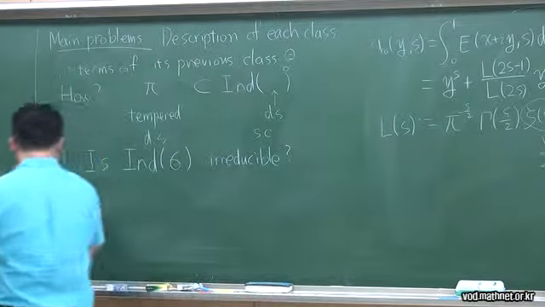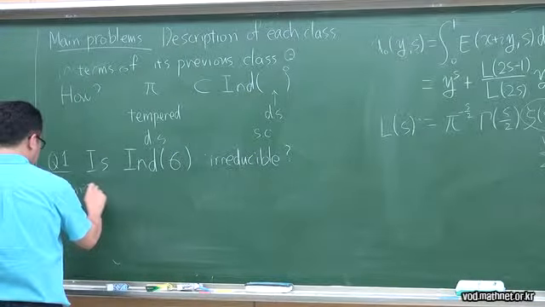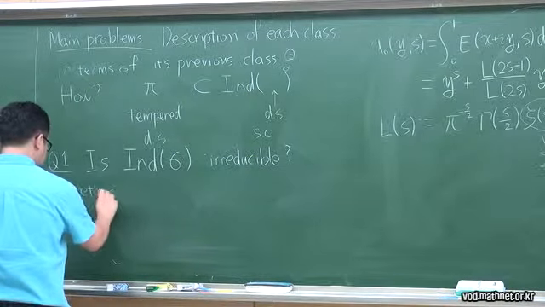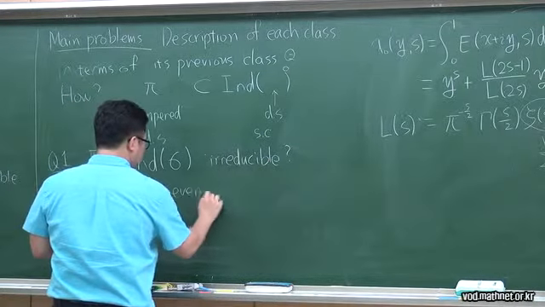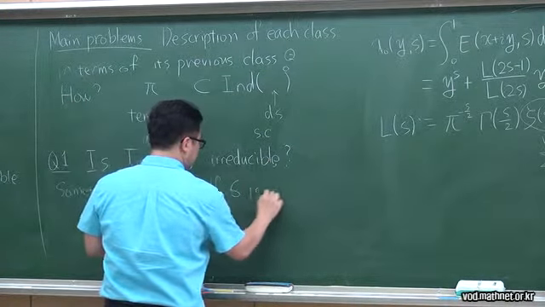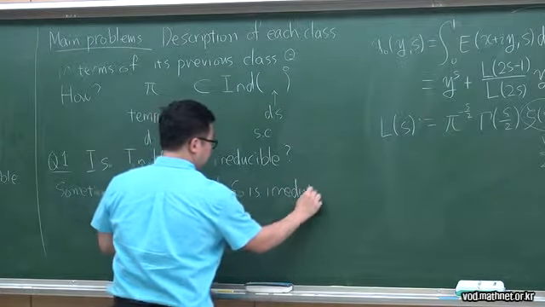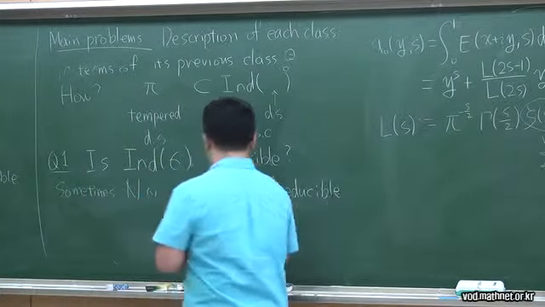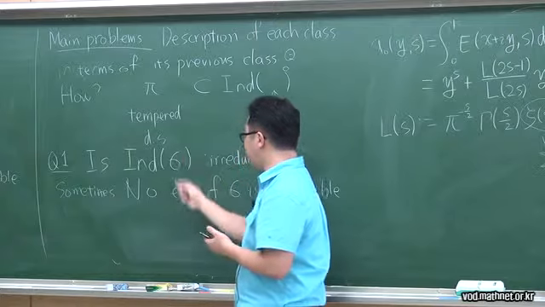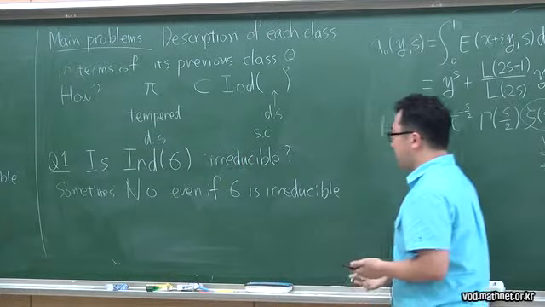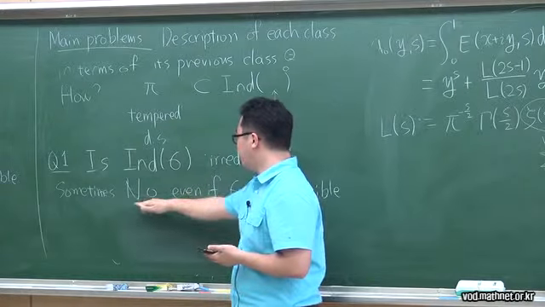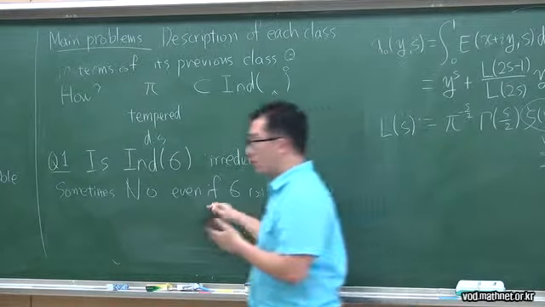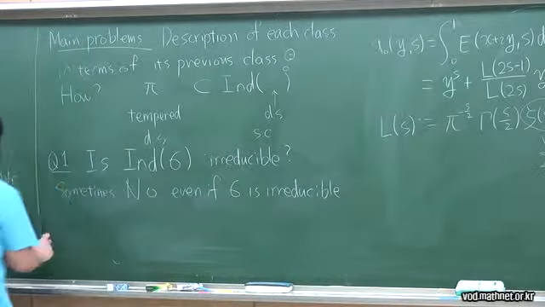Well, sometimes, even if sigma is irreducible, even if the representation of the Levi subgroup is irreducible, sometimes the induced representation of that Levi subgroup might be reducible. Okay? So we need to be a little bit careful.